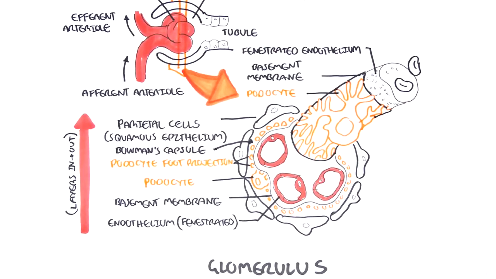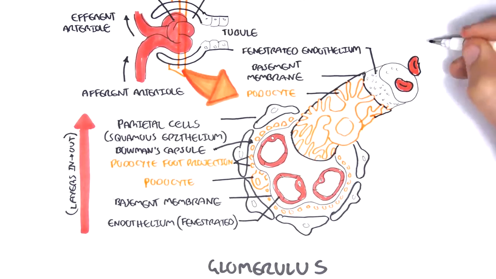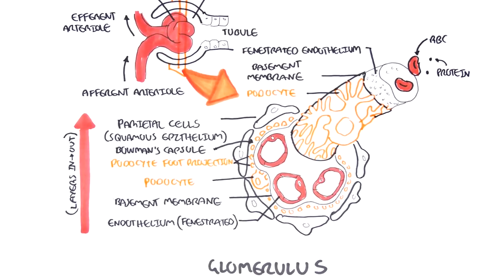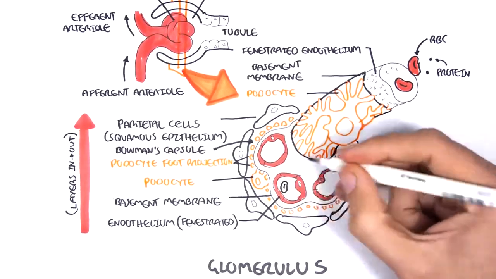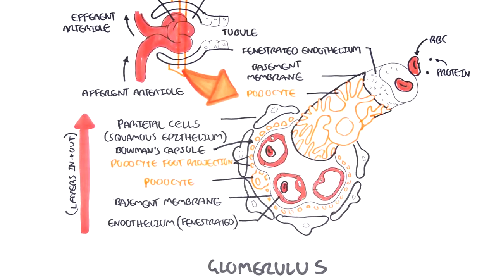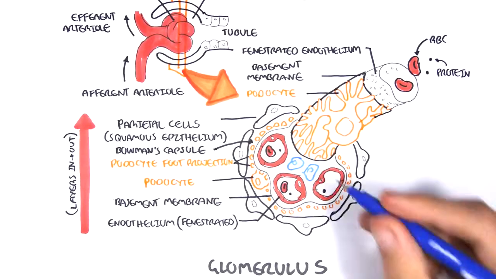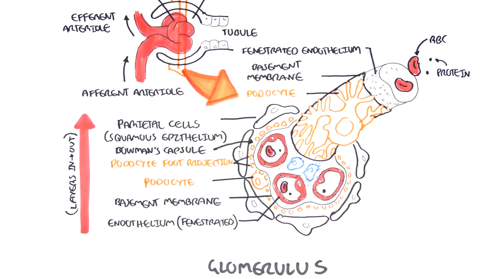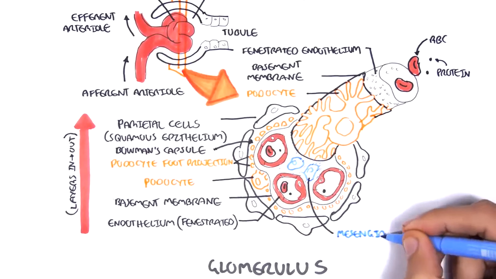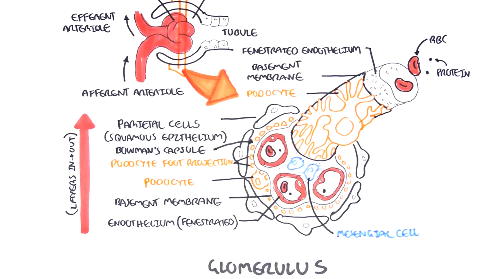And within the blood vessel, we can find proteins and we can find red blood cells. Another important cell in this area are the mesangial cells, here in blue, which you can think of as contractile cells that help regulate the blood flow in the area. And in some nephrotic conditions, these cells are affected.